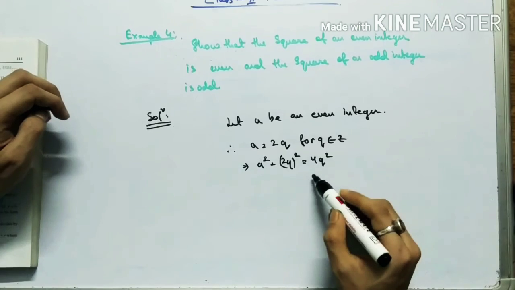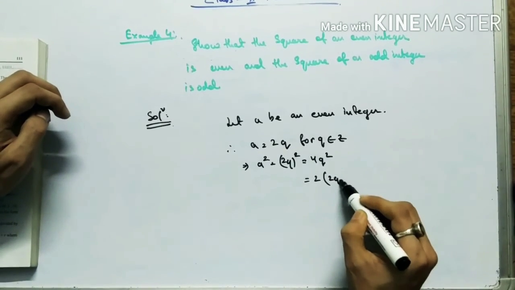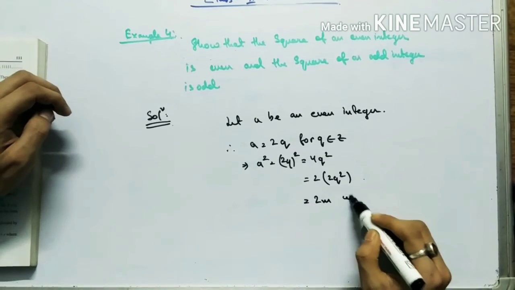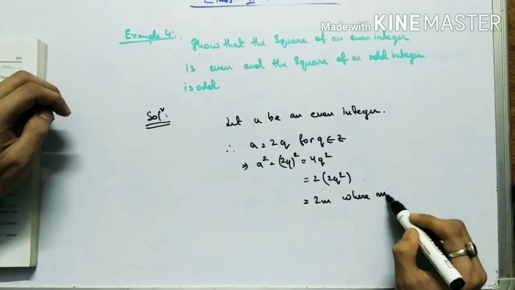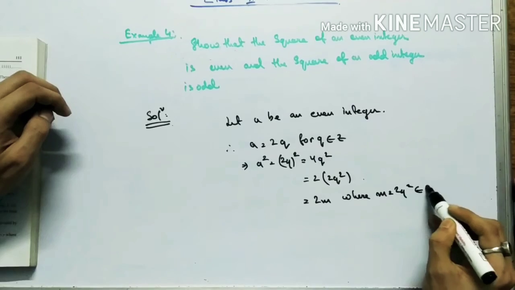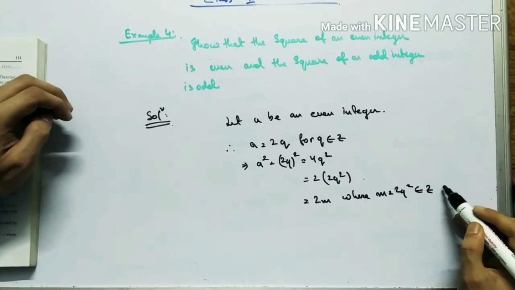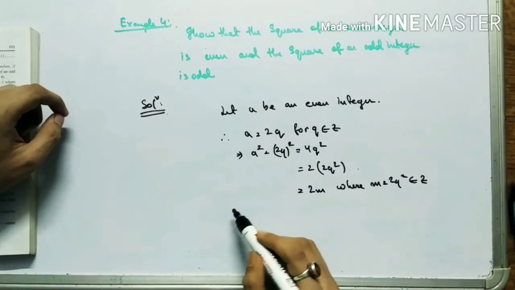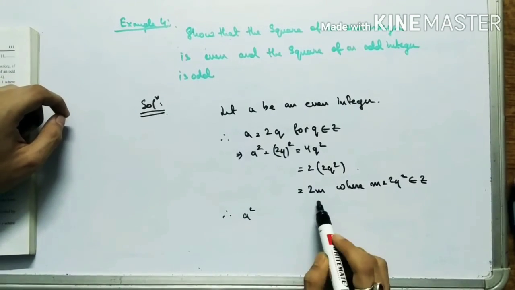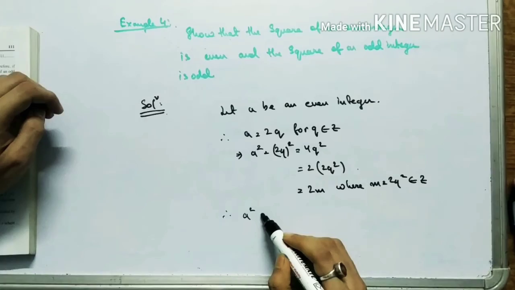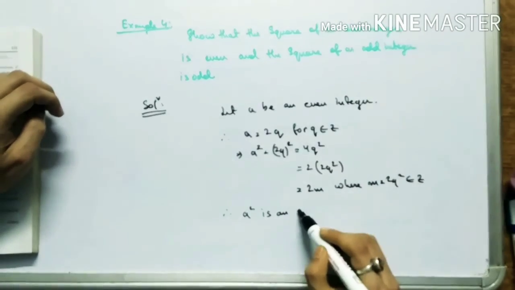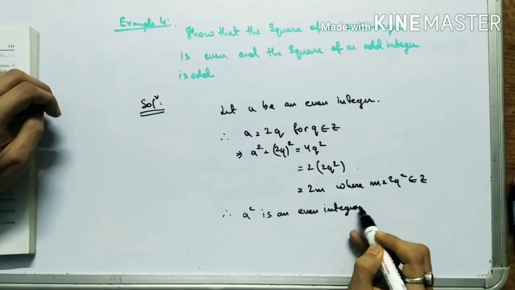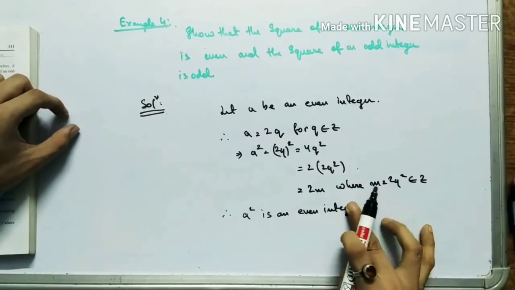I can write this as 2 into 2q square, which is equal to twice m, where m is equal to 2q square belongs to Z. So therefore a square is equal to twice m, and I can say that a square is an even integer.